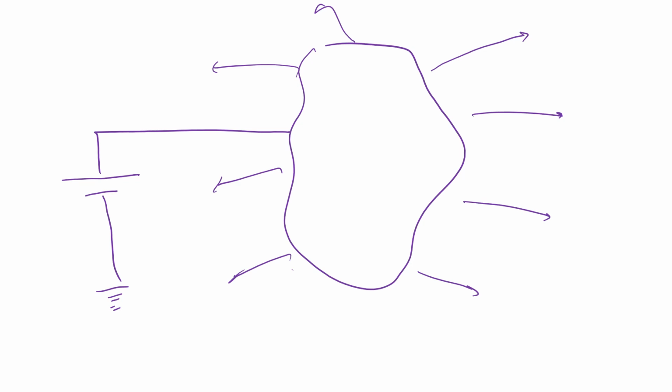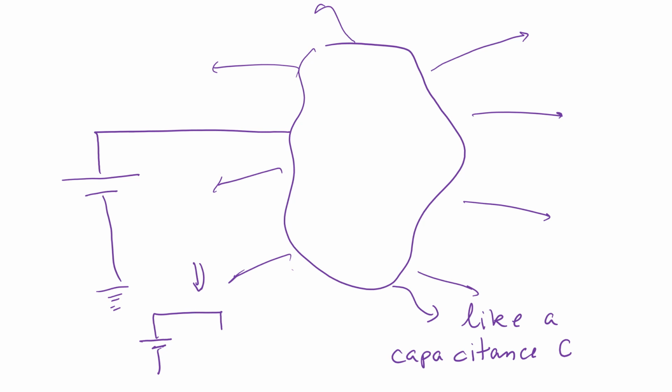But if we convert the effect of these fields and the potential, then we can say this conductor is behaving like a capacitance C. And this circuit, I can represent as a capacitor.